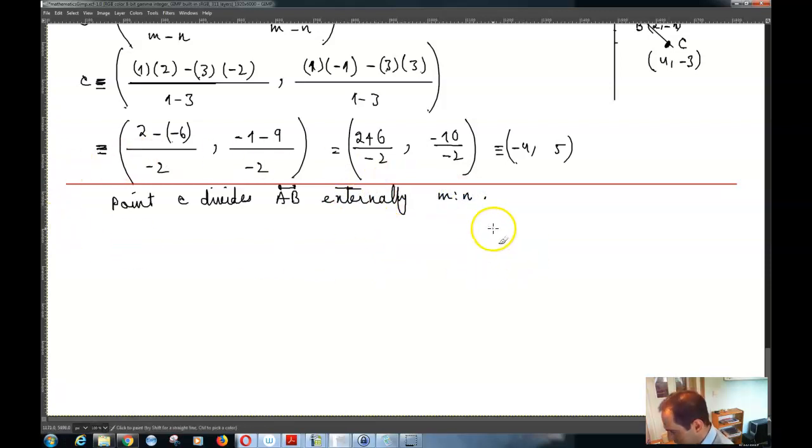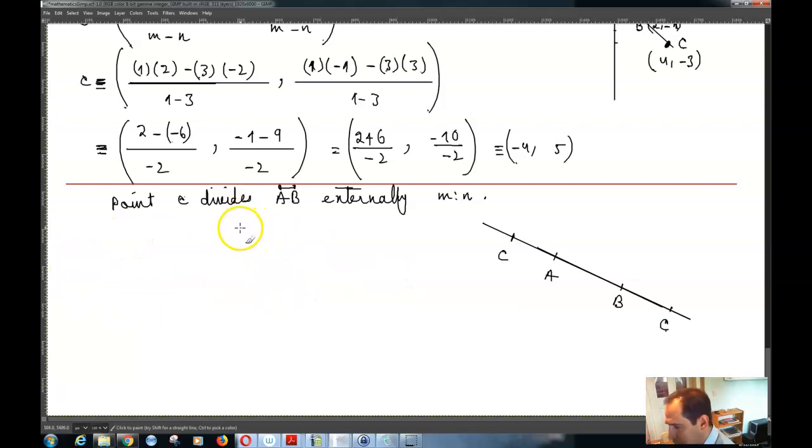what that means is that you have this line segment, for example AB, and this point C is external to this line segment AB, meaning that it's either somewhere over here, or somewhere over here, depending on the ratio, of course. And the formula that you use for this situation is, since it's external, your n's become all negative compared to the formula that I just wrote here.